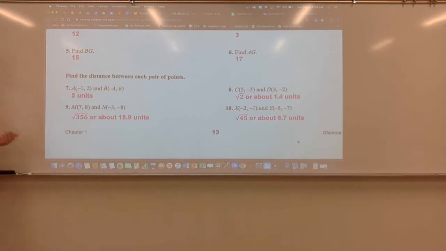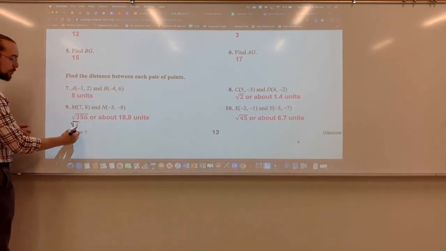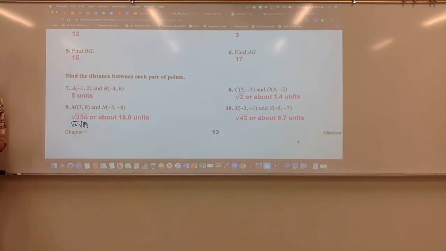So remember, all we care about is the perfect squares. I don't care about any other numbers that divide evenly into this, because that's not really going to help me simplify it. So I can split this up, because 4 divides evenly into it. I can split this up into the square root of 4 times the square root of 89.